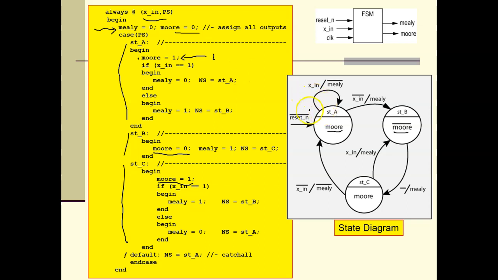So the conditionals here handle two things. They handle where it's going to transition to, and the outputs are also a function of the input. So here's the input. It determines the state transition right here. But here's the Mealy output.